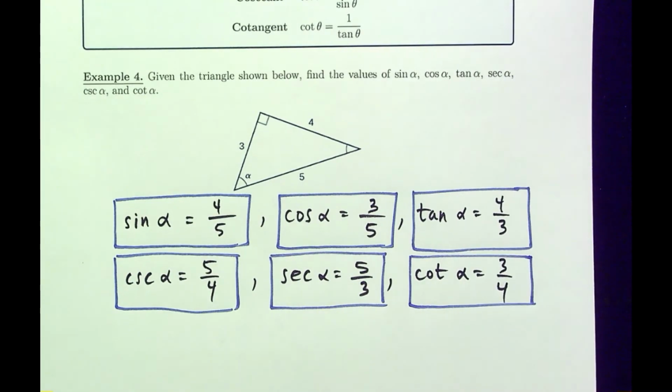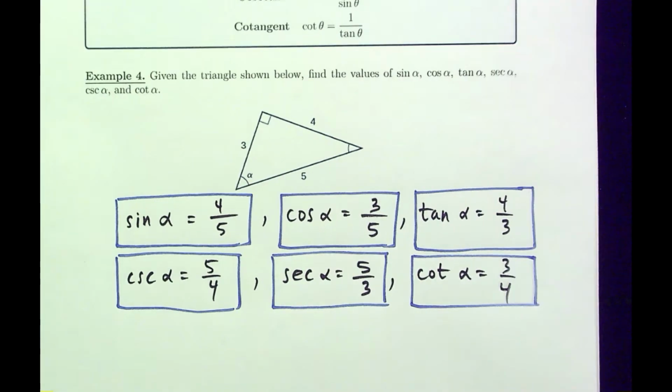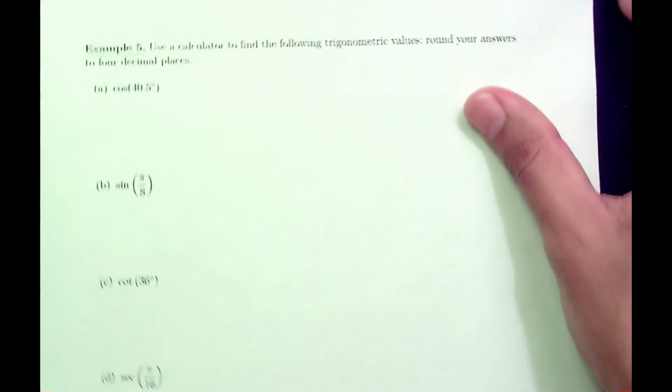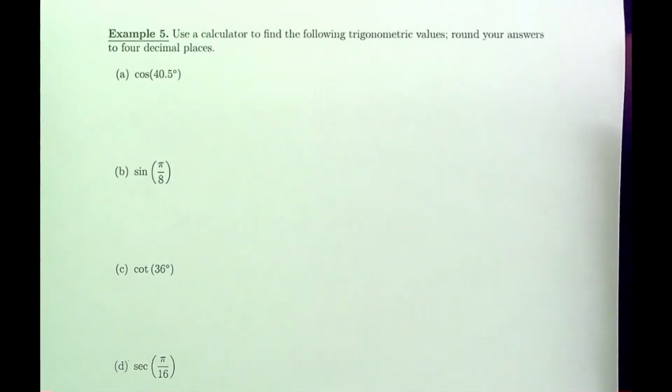Now, if you have a right triangle in front of you, you are able to find the sine, cosine, tangent, cosecant, secant, and cotangent from the picture. You should also know how to do it in the calculator. So in this next example, supposing that you know the angle, you should be able to find the corresponding trigonometric value using the calculator.